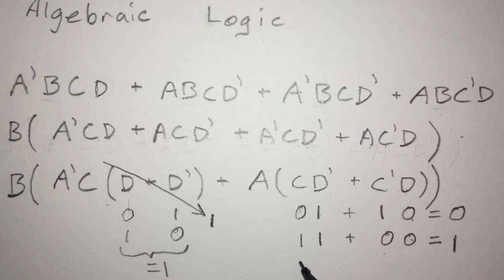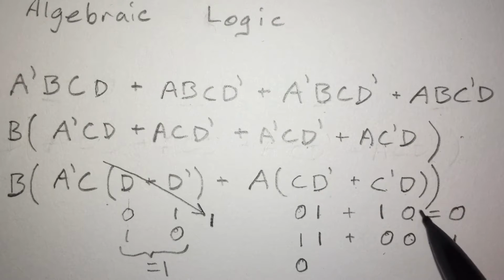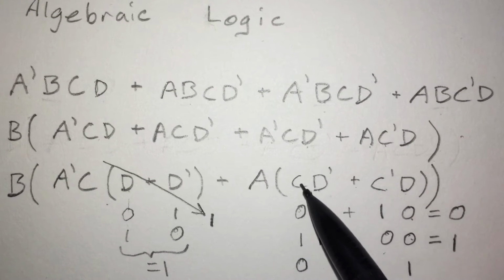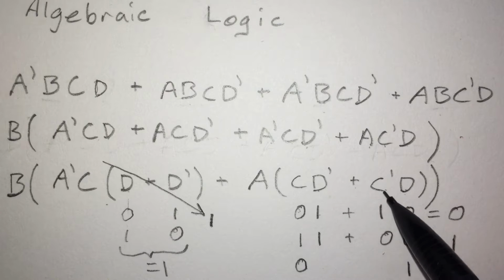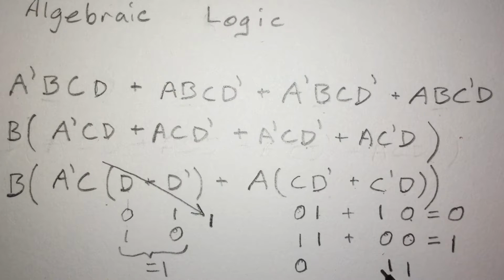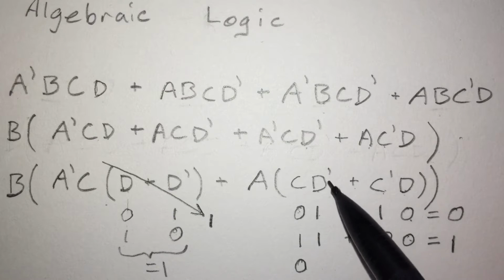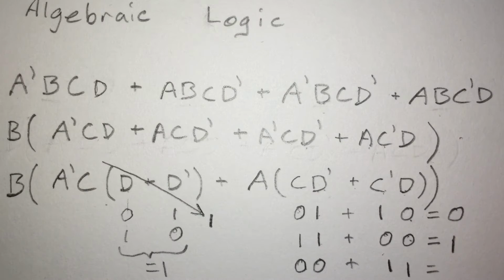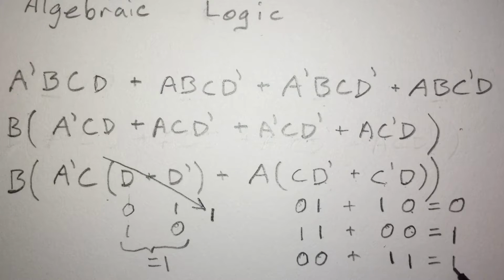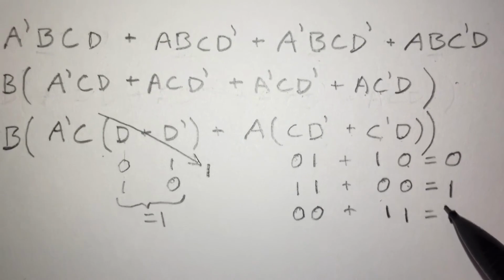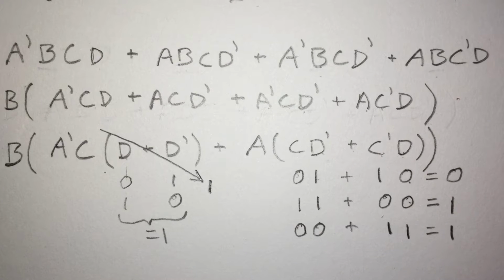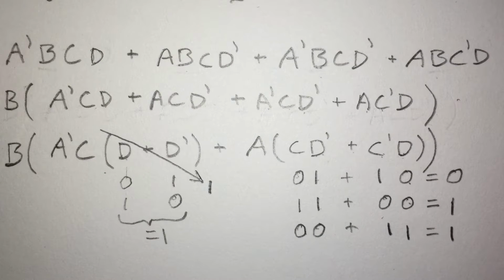Now let's suppose C is 0 and D is 1. Well, if C is 0, then C naught is 1. If D is 1, D naught will be 0. But again, we have another term that's actually all true. Finally, let's suppose that both are variables.